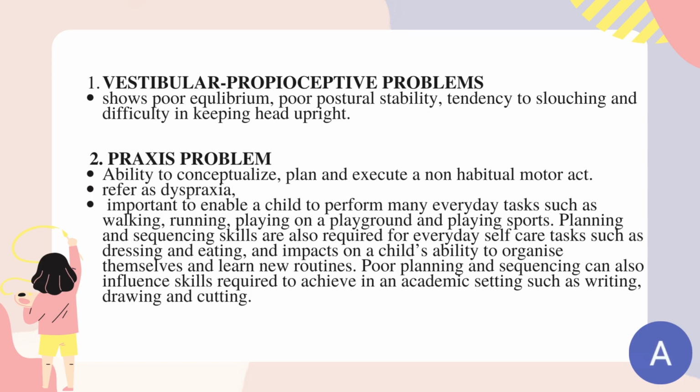If they have poor planning and sequencing, it is hard for them to adapt to situations and to daily tasks like others. If a child has this problem, we should know how to treat them, with the correct treatment, of course.